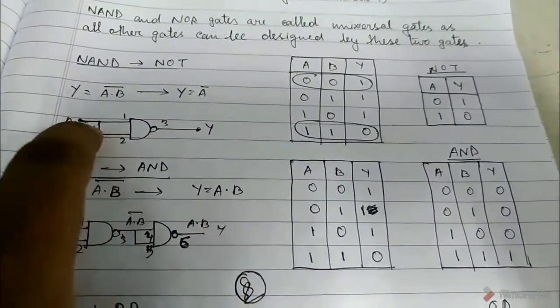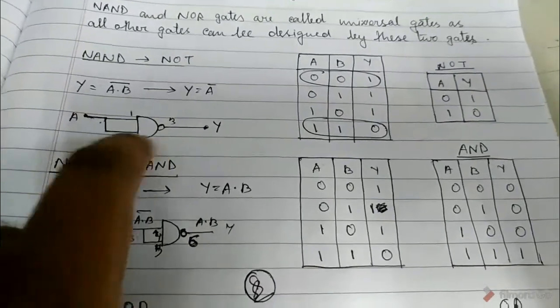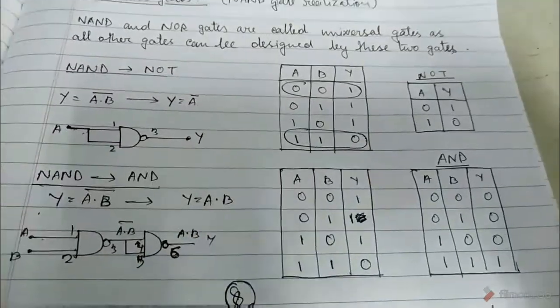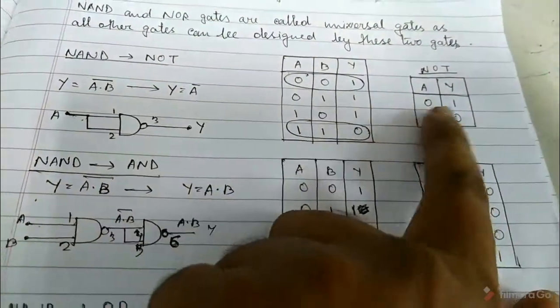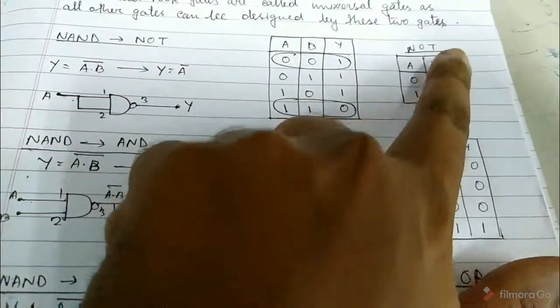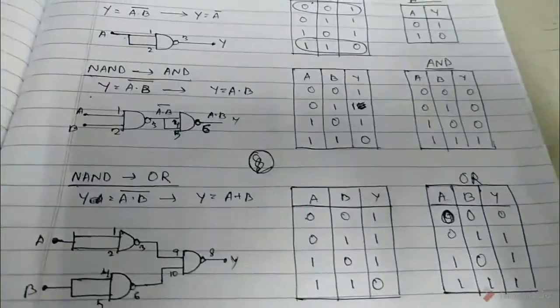If A is equal to 1, then 1 is applied to both input terminals, and the NAND gate gives output 0. Now we are getting 0 input 1 output and 1 input 0 output. This is the characteristic of a NOT gate. So a NOT gate is represented by a NAND gate only.